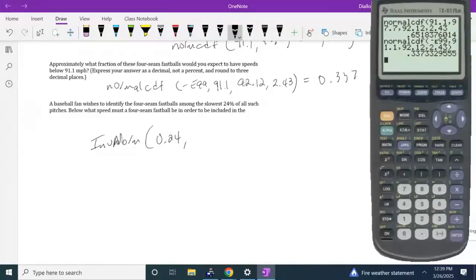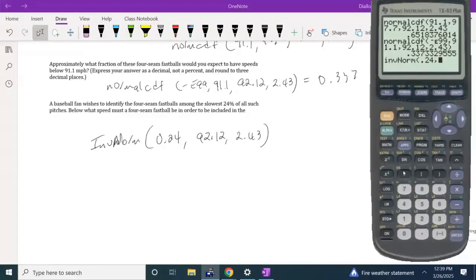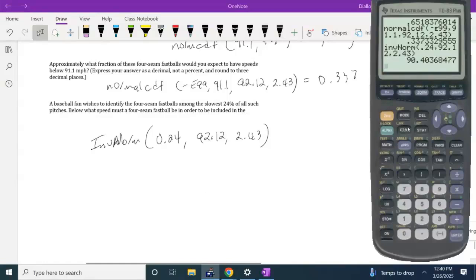We want the slowest pitches. We put in the mean, 92.12, and the standard deviation: 0.24, 92.12, 2.43. And that gives us a speed of 90.4. I don't really say how to round on this one.